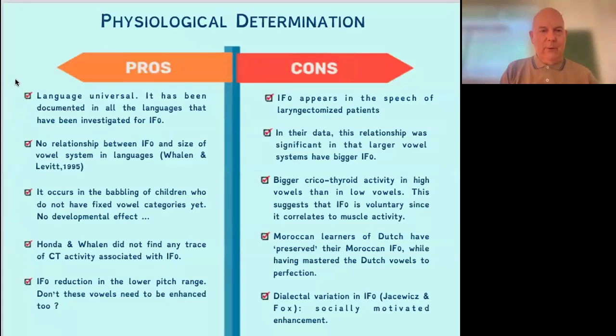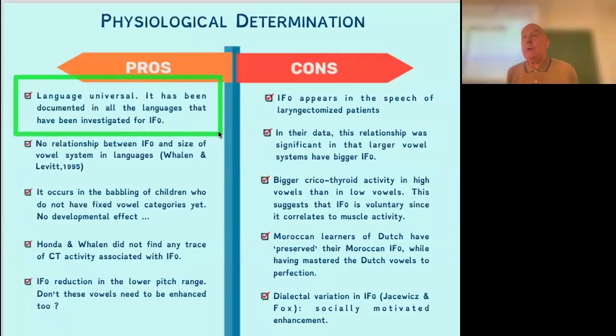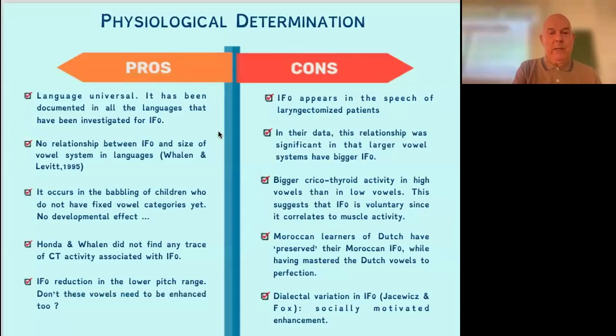So for example, the fact that IF0 occurs in all the languages of the world, as far as we know, is indeed a rather good argument that it is determined physiologically, because otherwise maybe we would find languages, a substantial number, maybe even with no IF0 whatsoever. And so if it's an automatic process that you can't control, that results automatically from articulation, okay, it's likely to occur rather universally in languages.